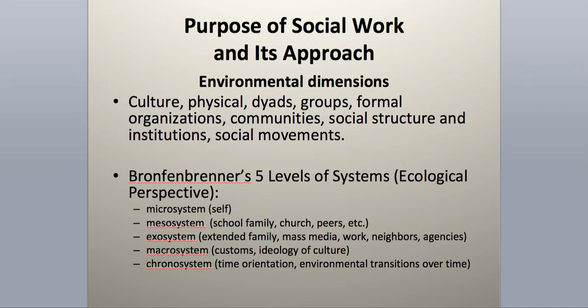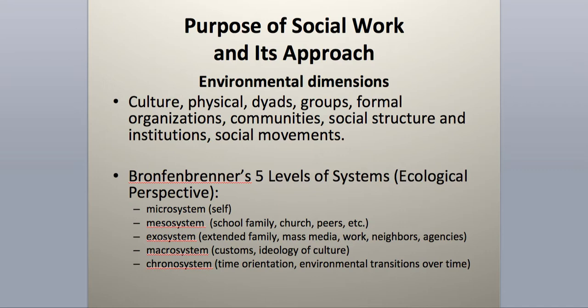I think there have been some developed over the years, but there are 5 levels of systems in his ecological perspective: the self, the microsystem, which involves the school, the family, church, peers, those groups with which we interact intimately and frequently. The exosystem, which involves the extended family. Nowadays, that really, for most of us, is not a part of our immediate system, but it is somebody who is distant from us, but still involves us.